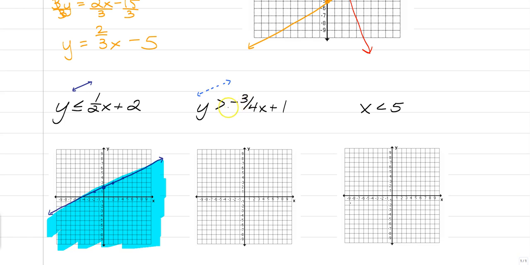So this one, y is greater than a negative 3/4 x plus 1. So we go to plus 1, we go down 3, we go over 4, we plot a dot. We go down 3 and over 4, we plot a dot. And now we're going to do a dashed line. The reason, again, it's dashed is because that line is not included.